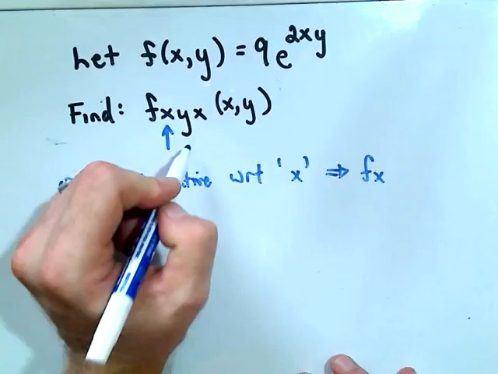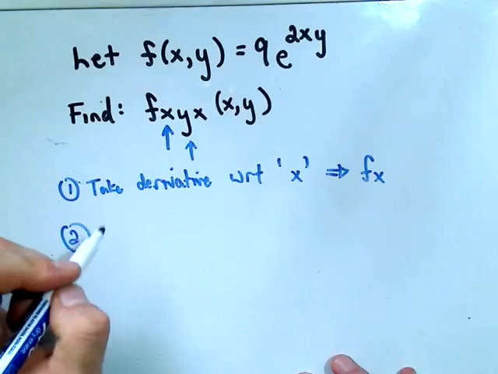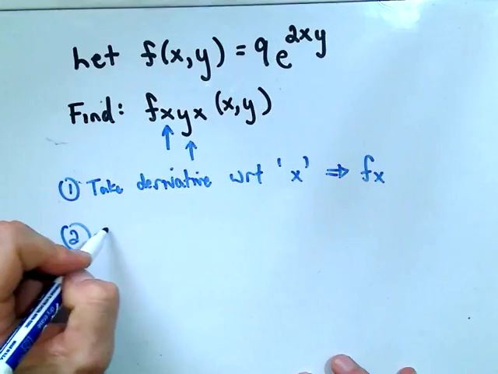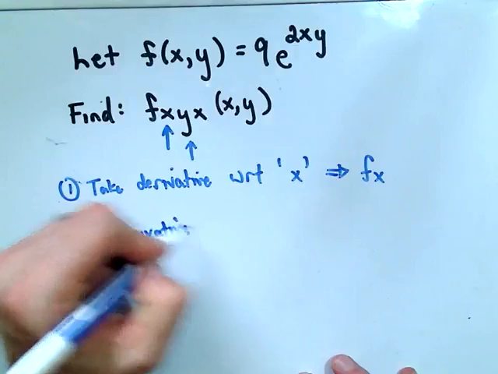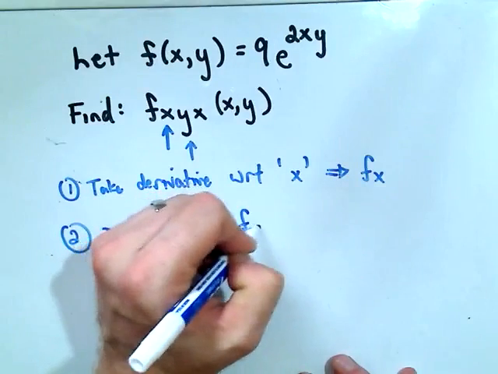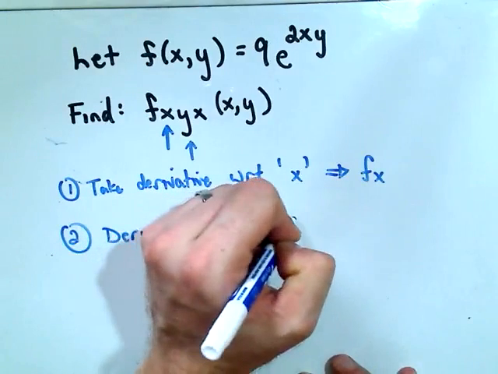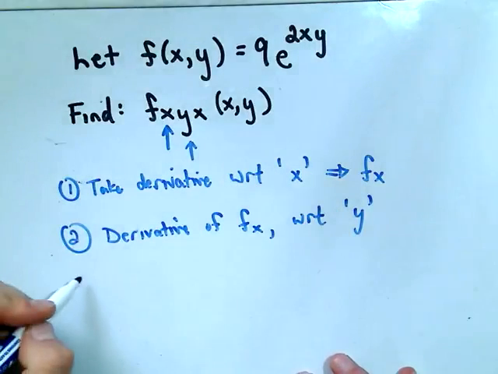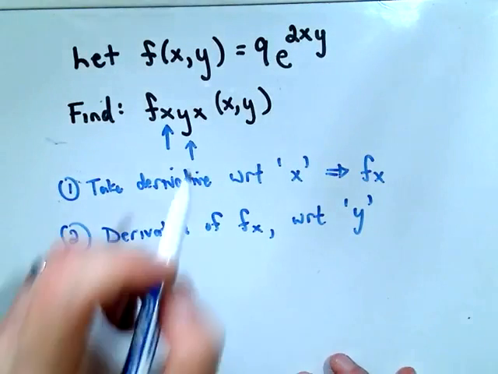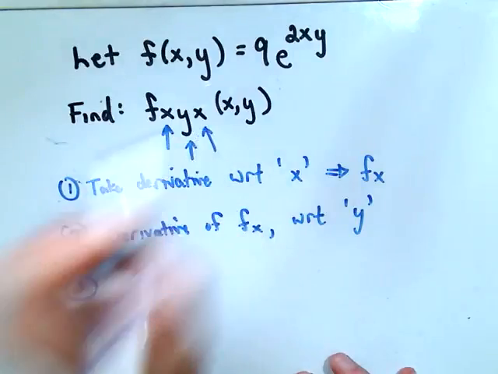After that, you take the derivative of the new function that we just found, f_x, only we do it with respect to the variable y. And then it says, okay, we'll do x again.